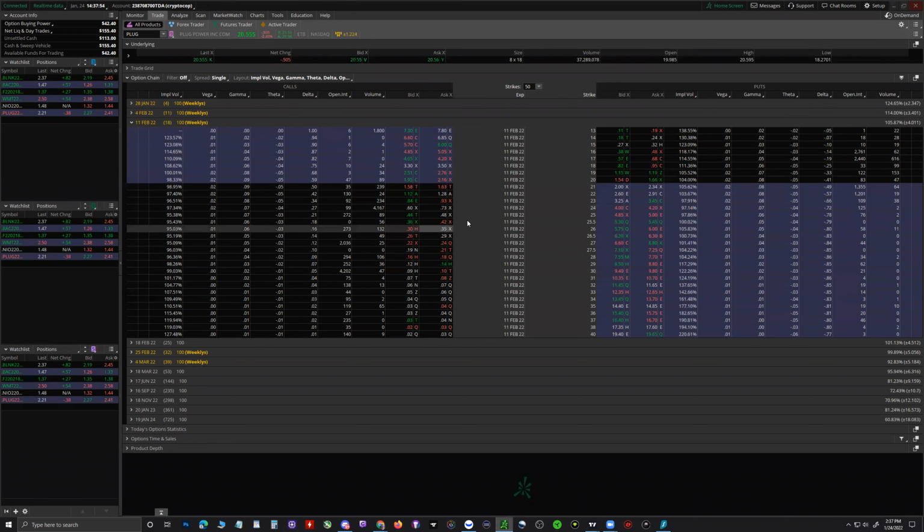I actually like that. Theta's good. Delta's a little low, so we might even go up one.